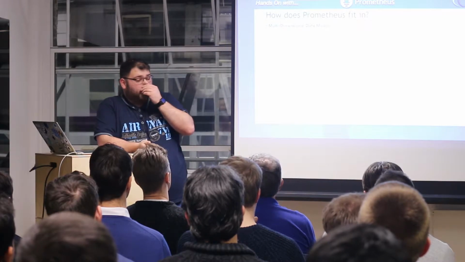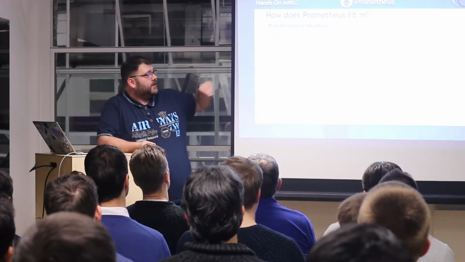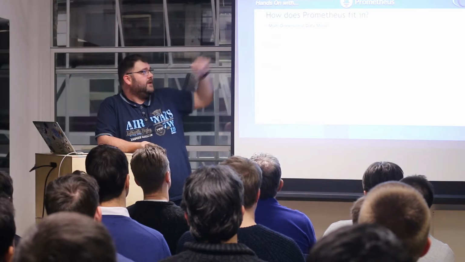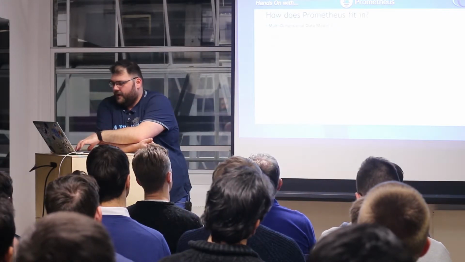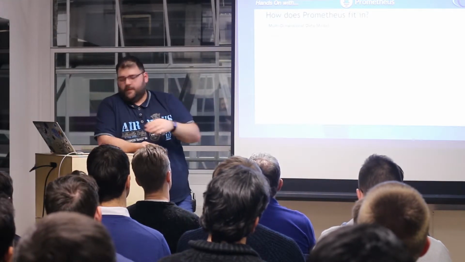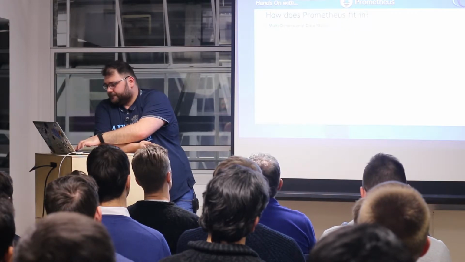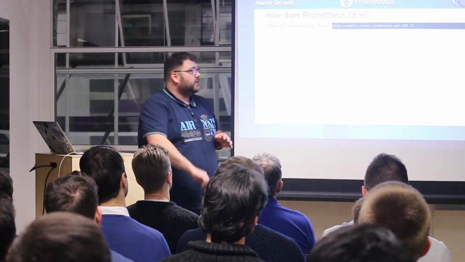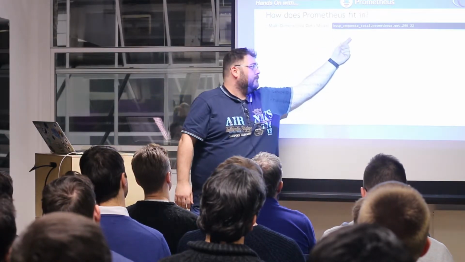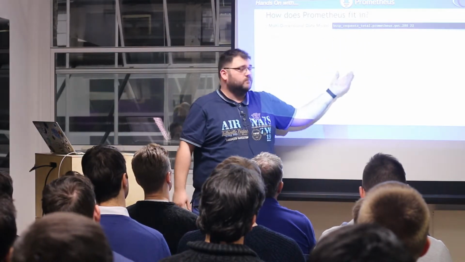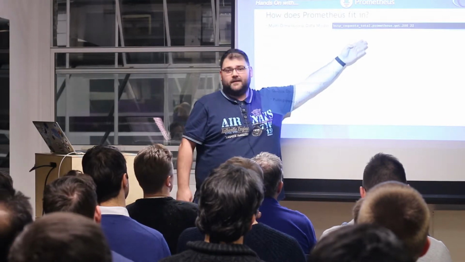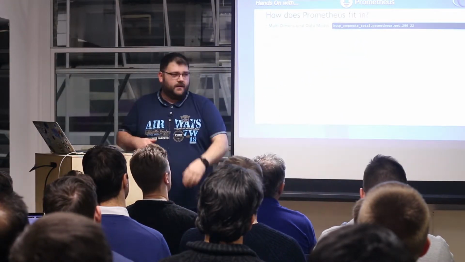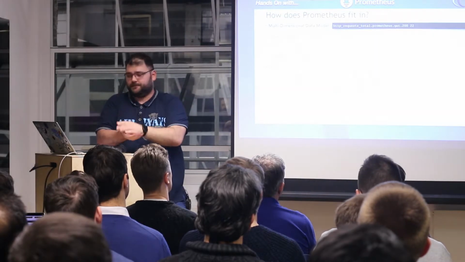So that's how it fits. Now, I'd like to highlight two things here. The first thing is the multi-dimensional data model. I mentioned that back in Graphite's days, we had a model with the name, the server, or whatever else, the method, the HTTP status code and some value.